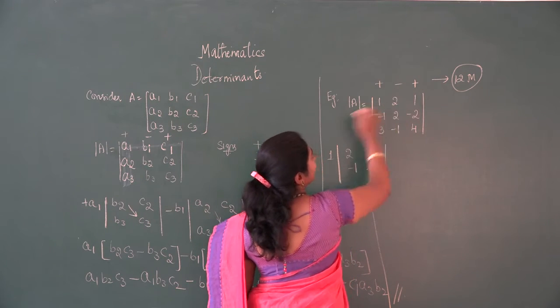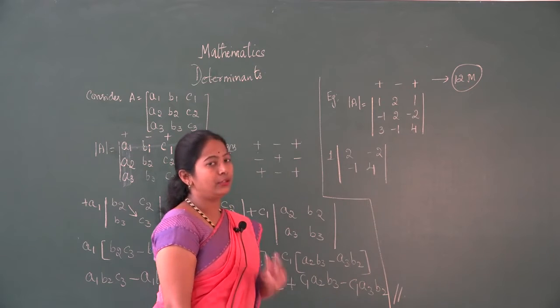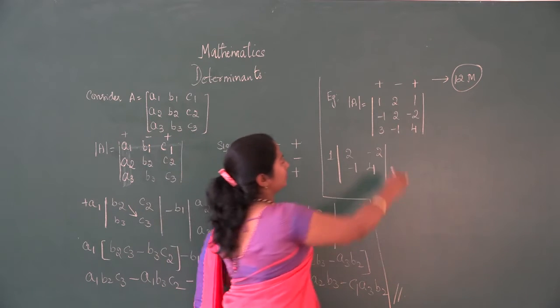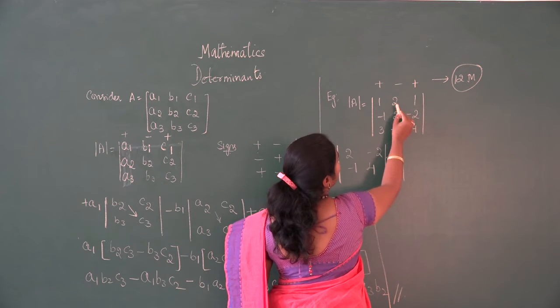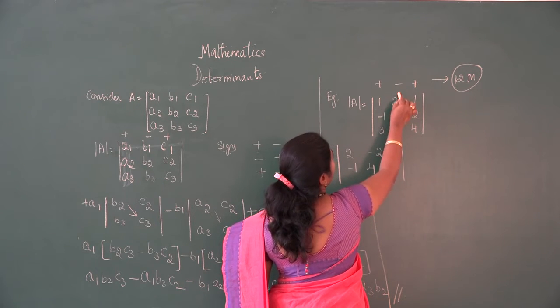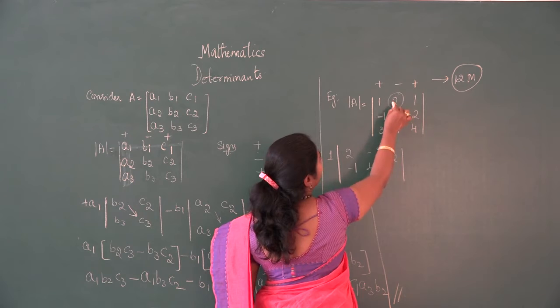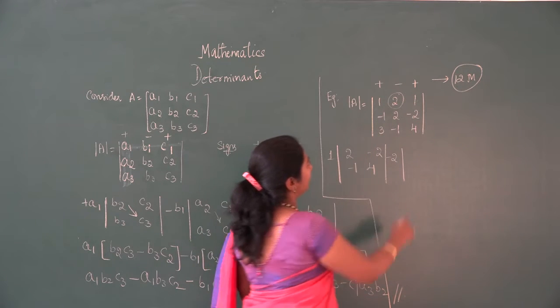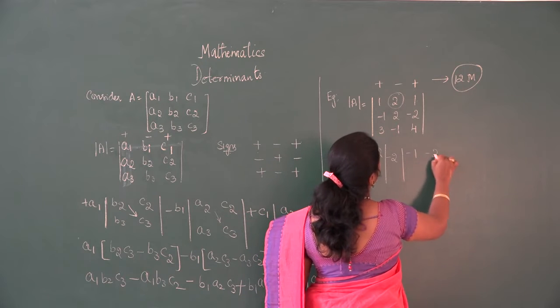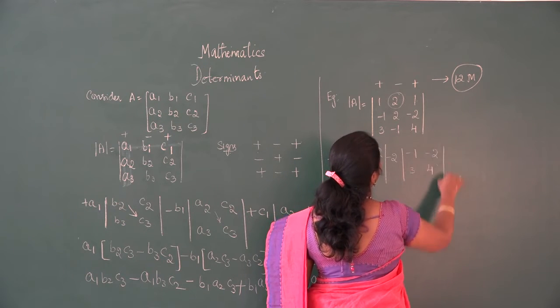So when you consider the second element, which is 2, is it plus 2 or minus 2? It is minus 2. Minus 2 into. When we consider this element, you are supposed to leave that particular element's row and column. What is left out? Minus 1, minus 2, 3 and 4.